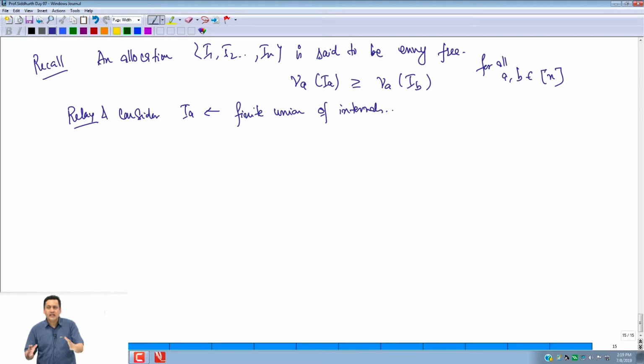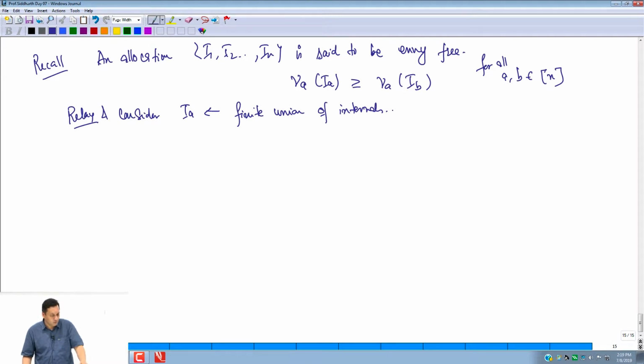The part of the cake that you received wasn't crumbed up, cut and chopped into fine pieces. Going ahead a bit, this nice result is not possible in the case of envy-freeness.